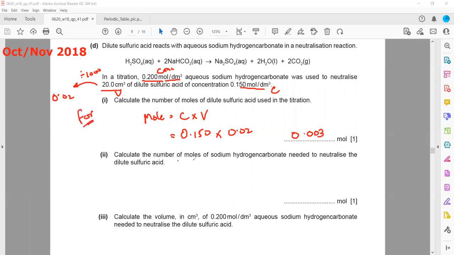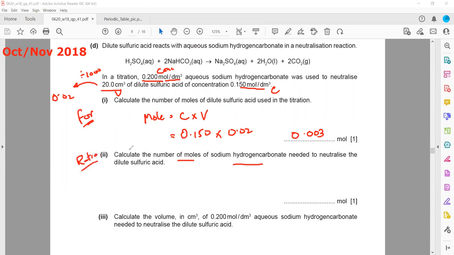The next part: calculate the number of moles of sodium hydrogen carbonate. We need the moles of sodium hydrogen carbonate. We only have the concentration, so we cannot use a formula. If we are not able to use a formula, then the second option is the ratio.